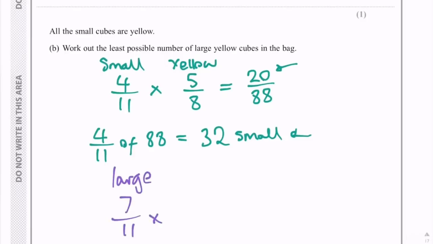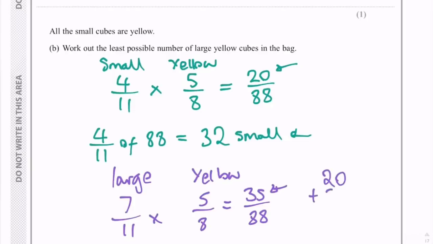And again, timesing that by the amount that are yellow, which is 5/8, gives us 35 out of the 88 that are large and yellow, 35/88. So in total, we have 20 that are small and yellow, 35 here that are large and yellow. So 20 plus the 35 gives us 55 in total.